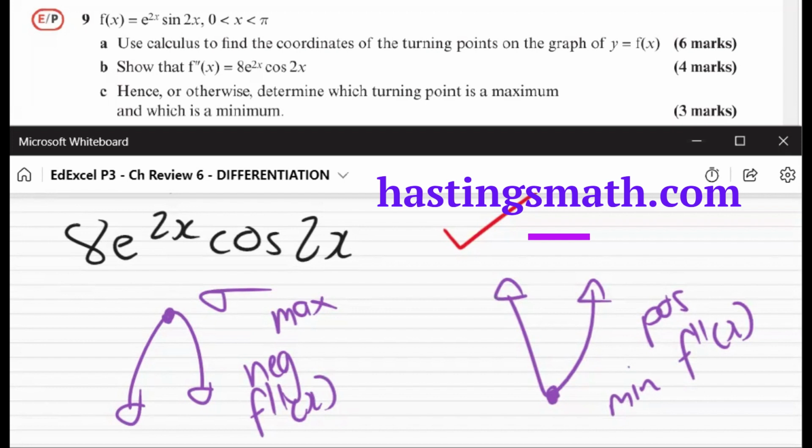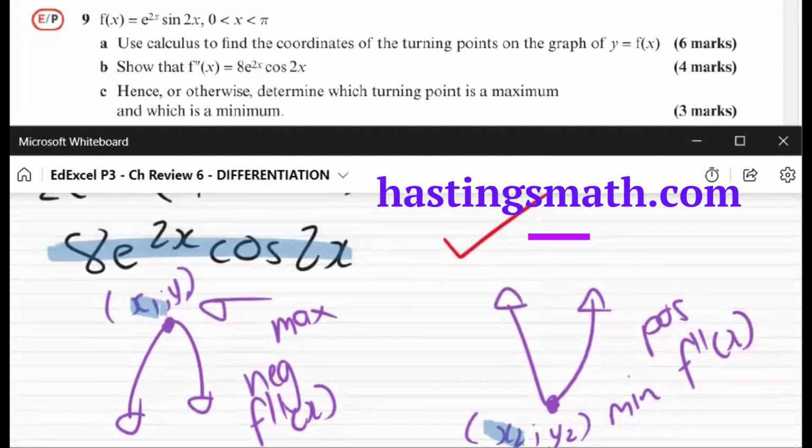And this we can work out by subbing in the XY values which we got in question 9A. So we need to sub in these x's into our second derivative here, and we'll know if it's a positive or negative. It will give us whether we have a max or a min.